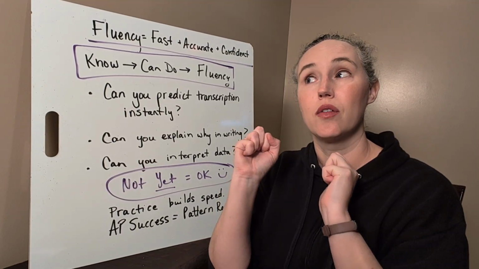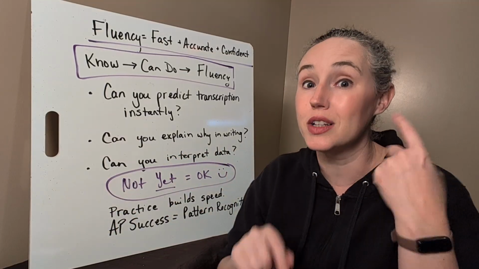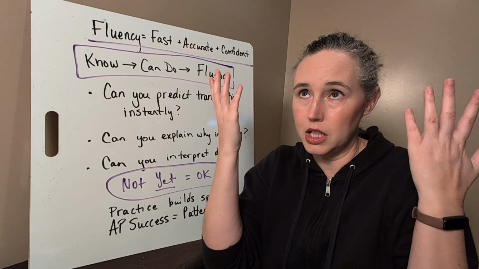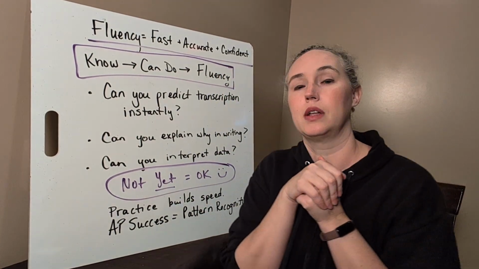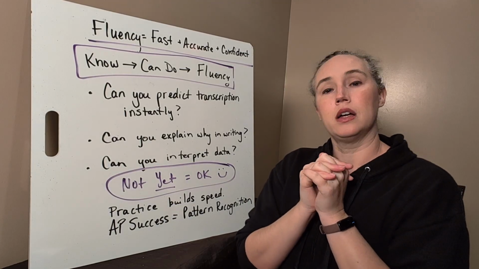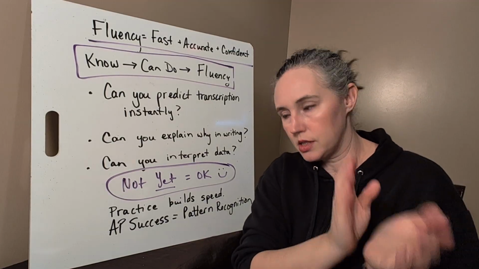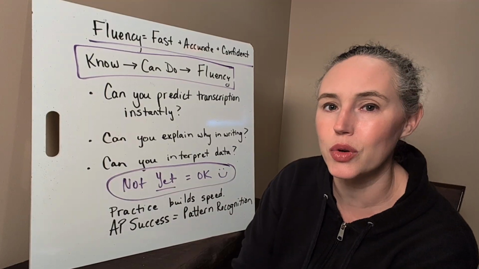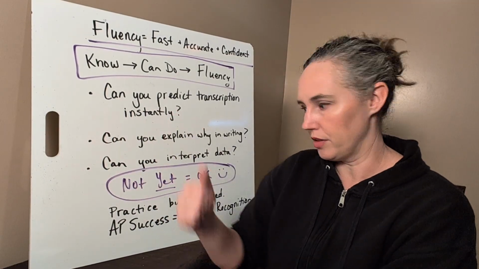Can you take those pictures of information and turn them into words, or can you take words, like a long scenario describing some Lac Operon environment, and turn it into a picture and demonstrate what it's saying? If the answer to those things is not yet, that's okay. You have 6 weeks. We are going to get there together, all right?